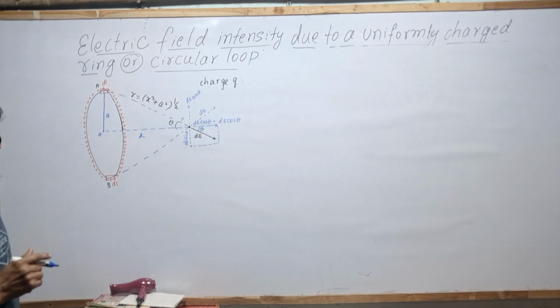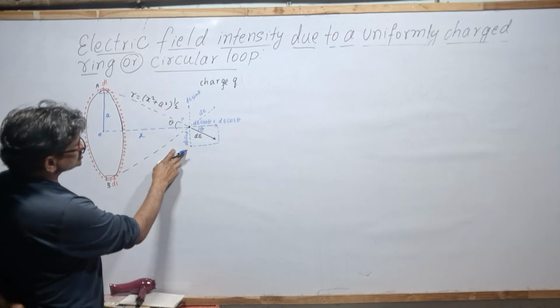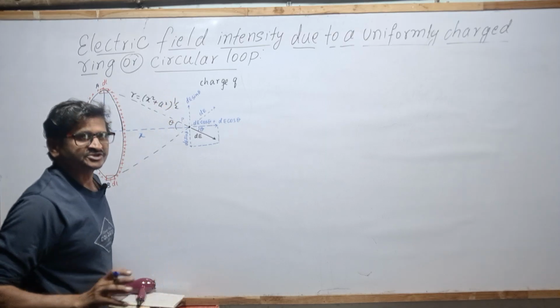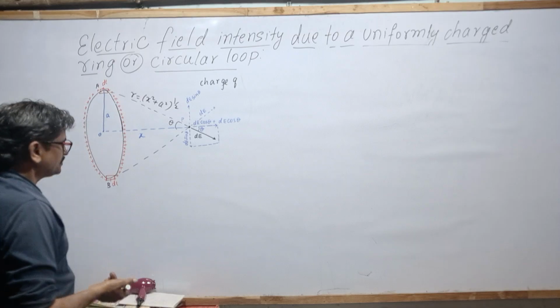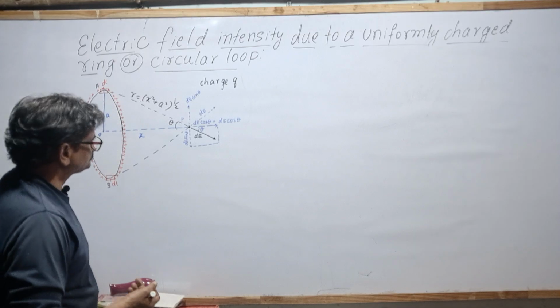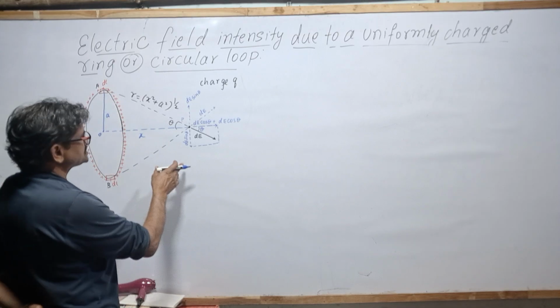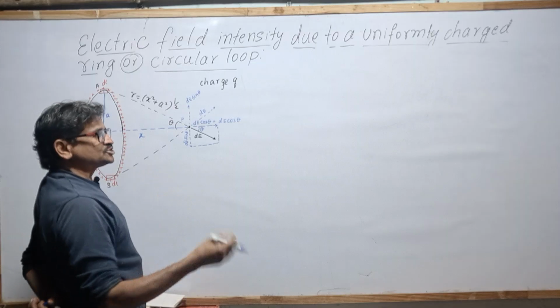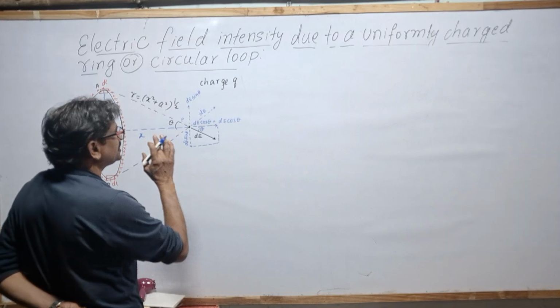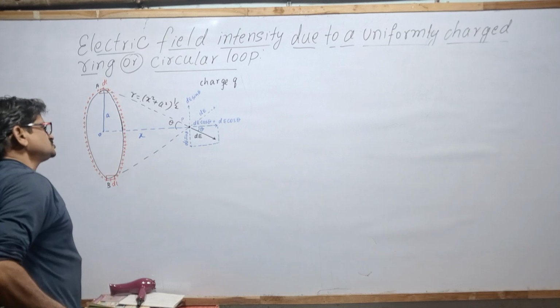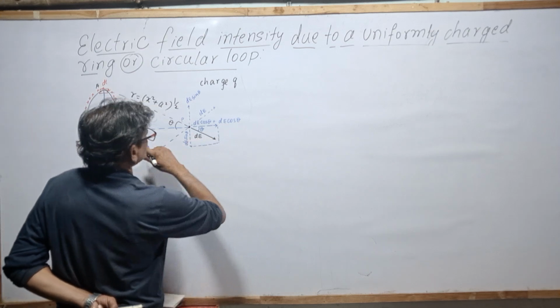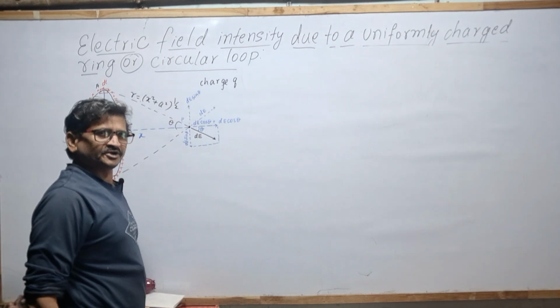But these two vertical components are opposite to each other, so they cancel. Similarly, the number of opposite elements, which produce horizontal and vertical components, each pair's vertical components cancel. So only the horizontal component remains.